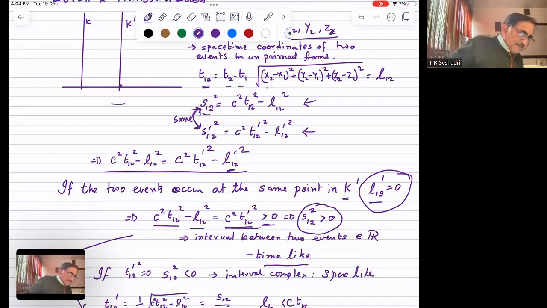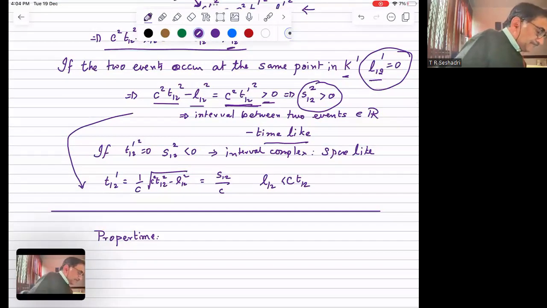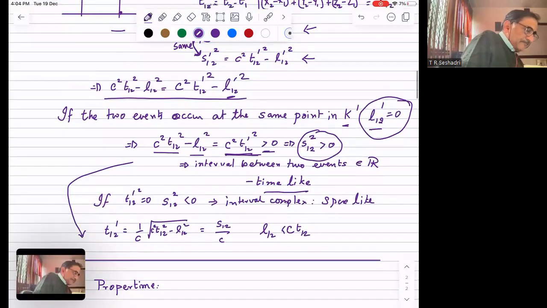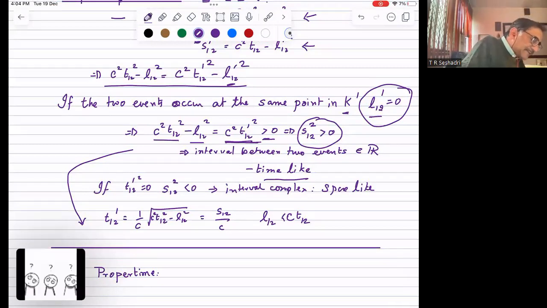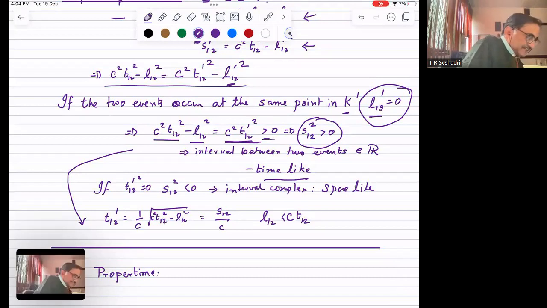Okay. I will come to why it's called time-like. If in the primed frame I have two events which are at the same time but not at the same place, that is, two events happening simultaneously at two different points, then T12 prime is 0.